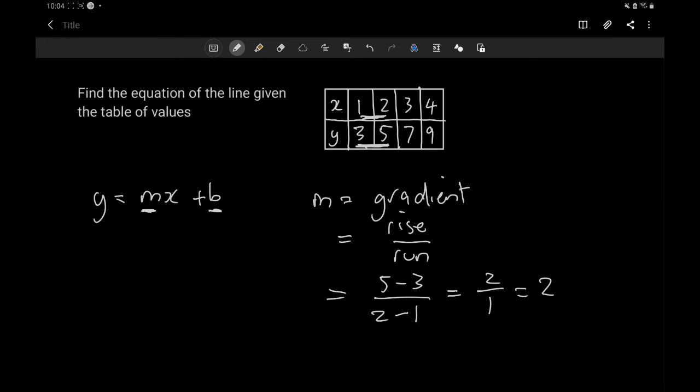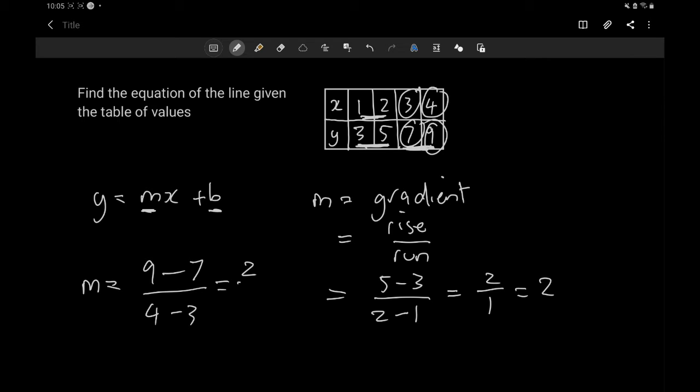Let's confirm this by using other numbers in our table of values. Let's pick the rise as 9 and 7. So the gradient is equal to 9 minus 7 over the run, which is 4 minus 3.